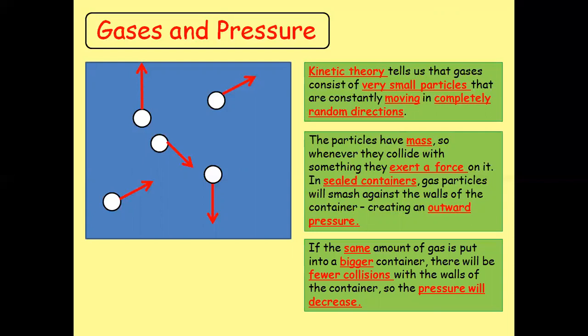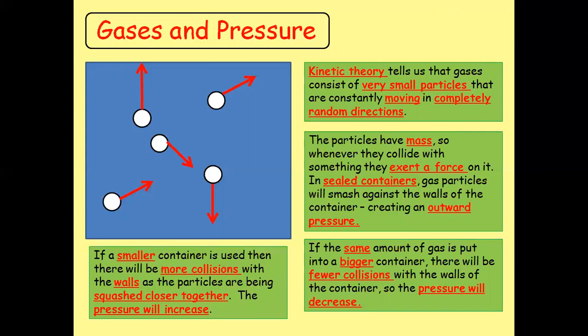If the same amount of gas is put into a bigger container, there will be fewer collisions with the walls, so the pressure will decrease. If a smaller container is used, there will be more collisions with the walls as the particles are squashed closer together, and the pressure will increase.